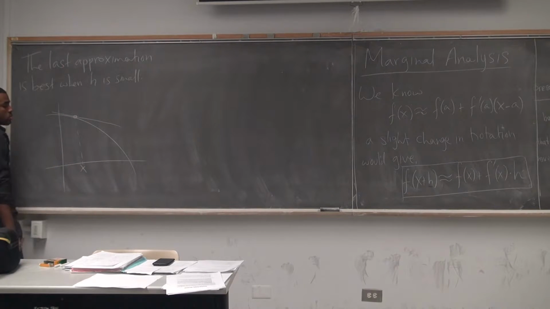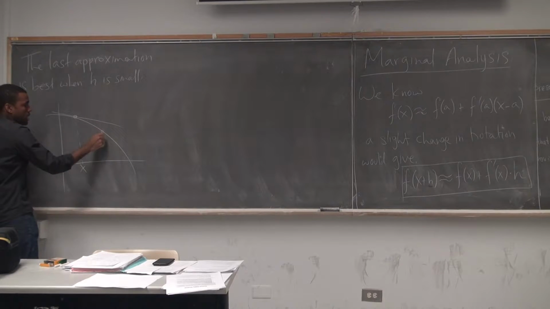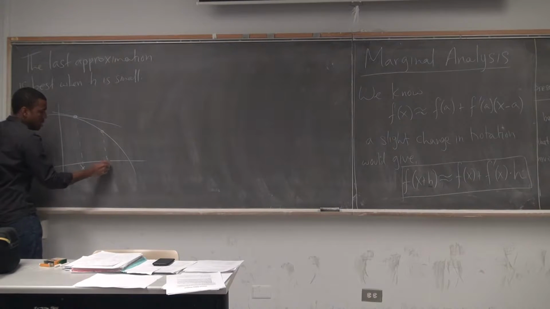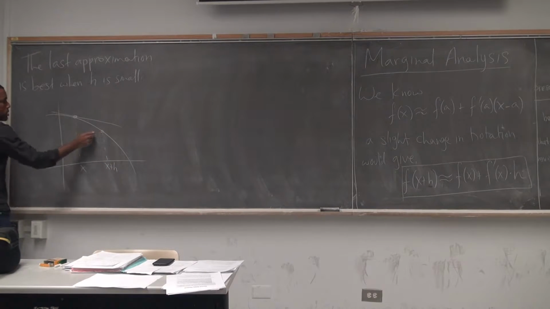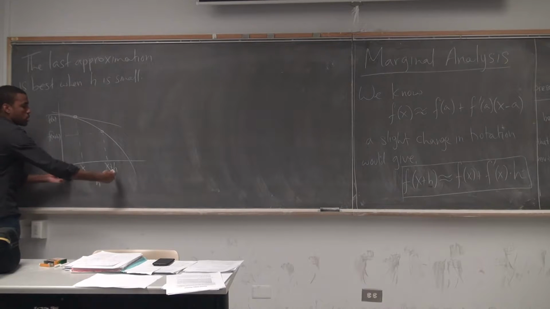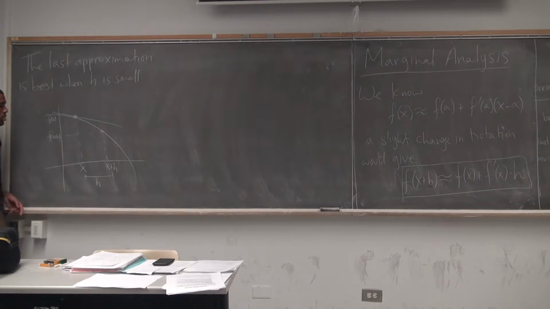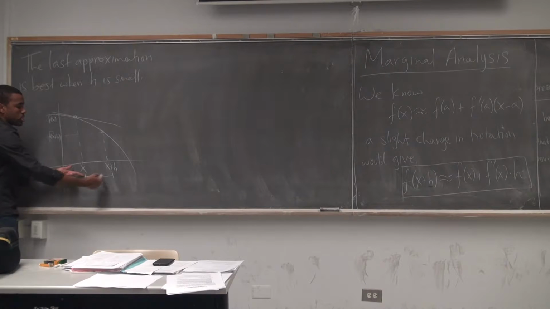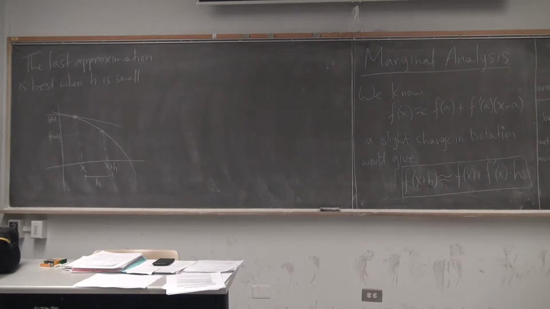I call x the point that I know, and the point that I don't know, x plus h. So this is my f of x plus h. This is my f of x. And so h is the distance between these two, but the closer they are, the better my approximation is. So the smaller h gets, the better my approximation.